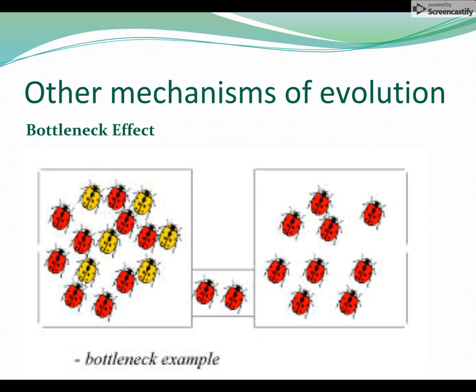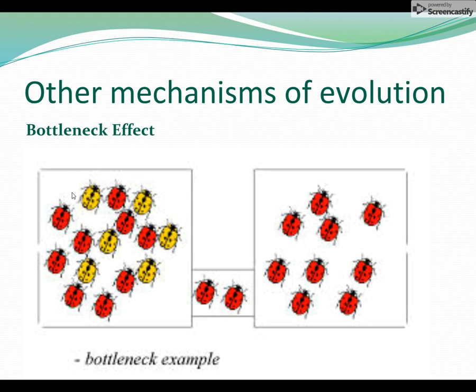Then we have the bottleneck effect. This is one of my favorites because it reminds me of zombie movies, and I love zombie movies. When you think of a zombie movie, you think of a lot of people dying, and you have this intrepid band of survivors that have to make their way in the world, and they have to reestablish the human race. Kind of the same thing with the bottleneck effect.